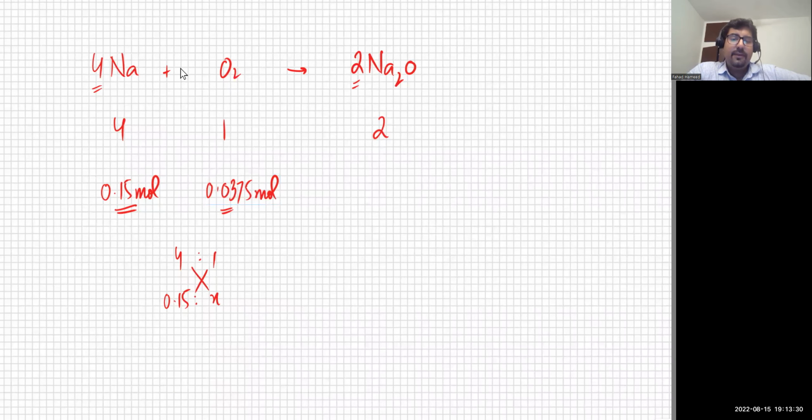Now you can either use this ratio 1:2, 0.0375 ratio X. You can compare any two ratios. You can compare this ratio 4:2 and 0.15 ratio X. So if I compare the 4:2, 0.15 will produce how much? It's going to be X. So what answer do I get?